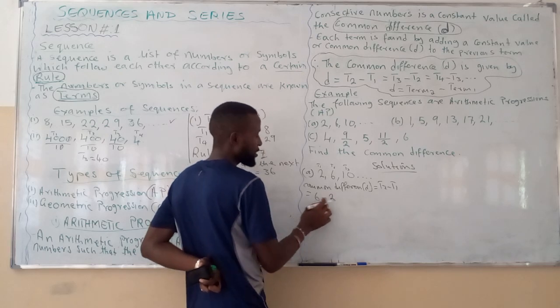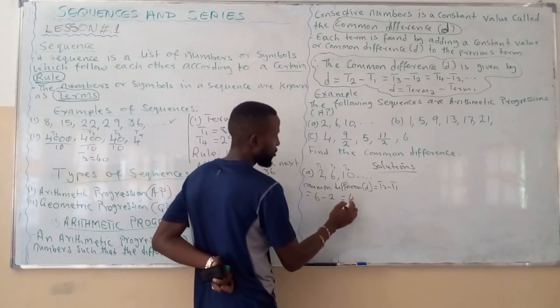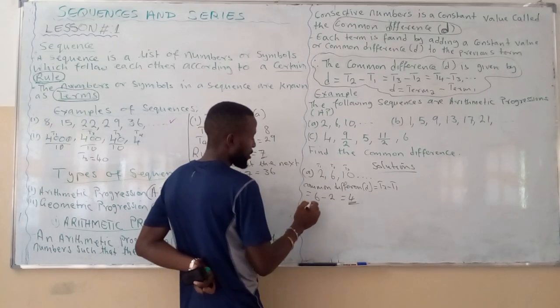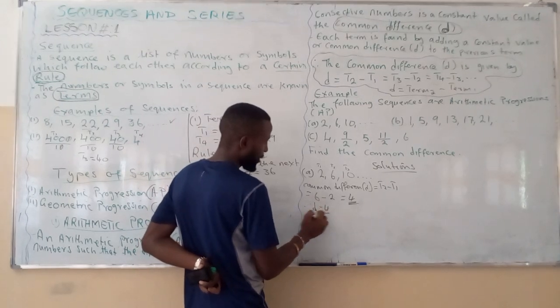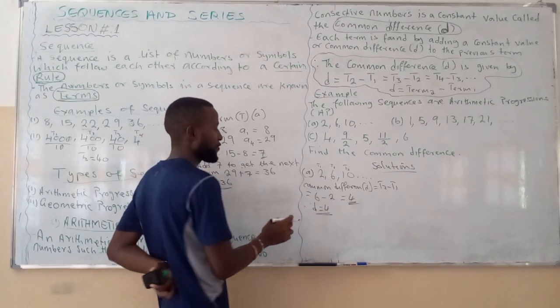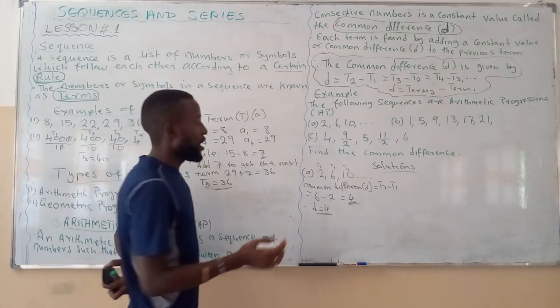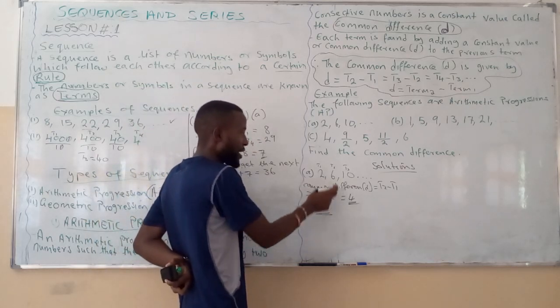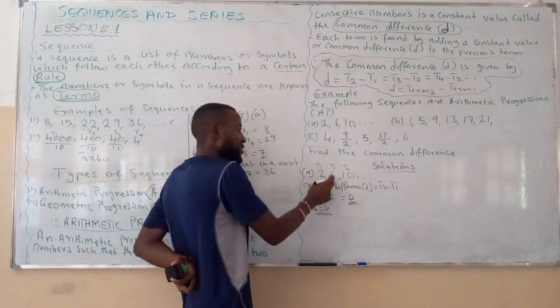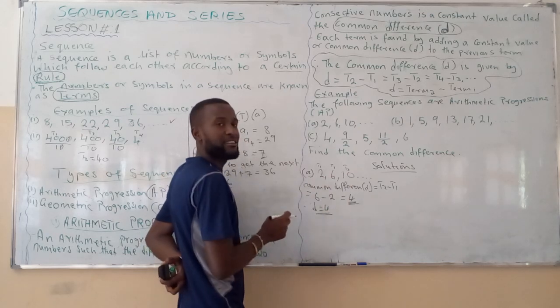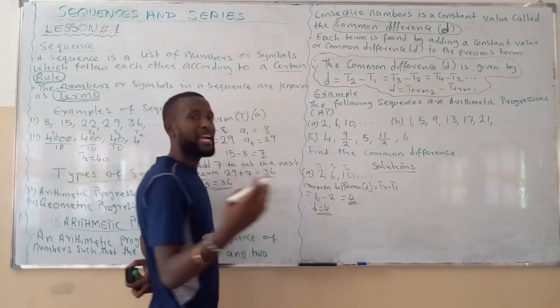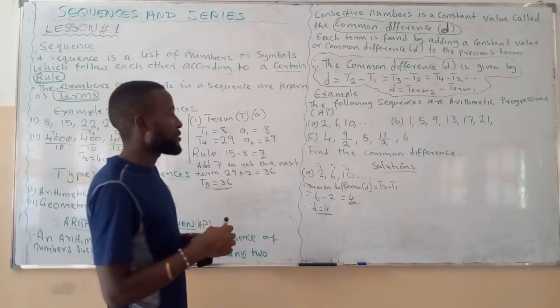So what is 6 minus 2? We have 4, therefore D is equal to 4. How true is this? When I add 2 plus 4, I get 6. 6 plus 4, I get 10. So this 4 is my rule, I'm adding. Hence, I'm done with this one.